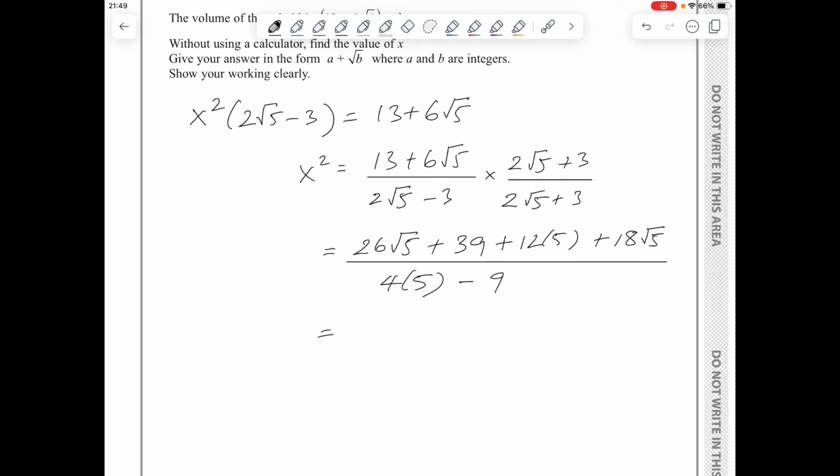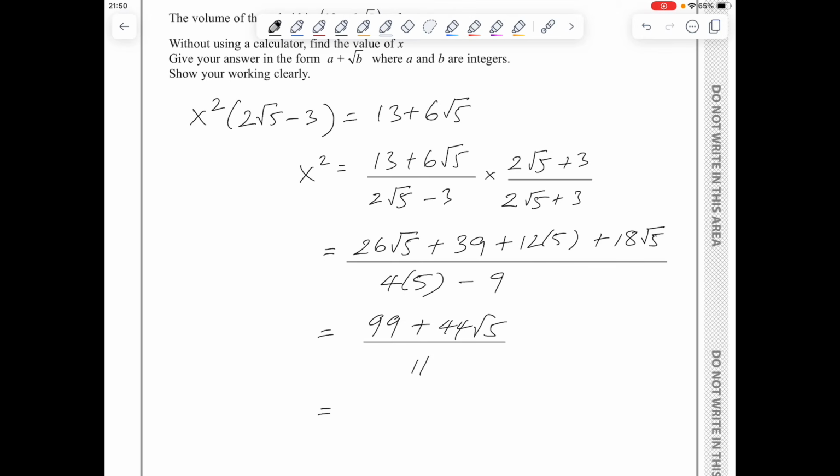Now, in terms of the numbers without the square roots, I have a 39 and I have a 60 here, so I get a 99, and then I have 26 root 5 plus 18 root 5, which is 44 square root of 5, and in my denominator I have 20 minus 9, which is 11.